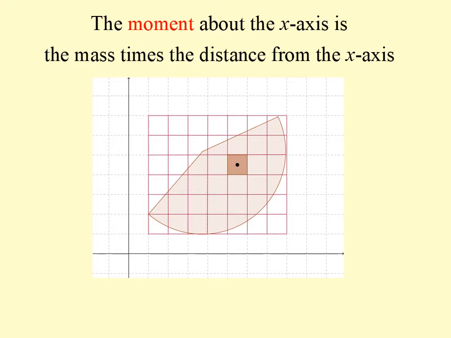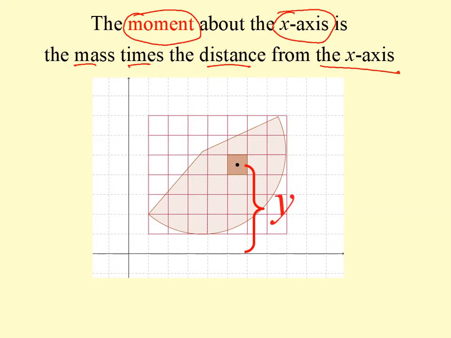One physical characteristic of objects that scientists and engineers are interested in is something called the moment. Now, here is the definition of the moment. It's the mass times the distance. In this particular case, we're finding the moment about the x-axis, so it'd be mass times the distance from the x-axis. Here's the distance from the x-axis, and we call that just a y.